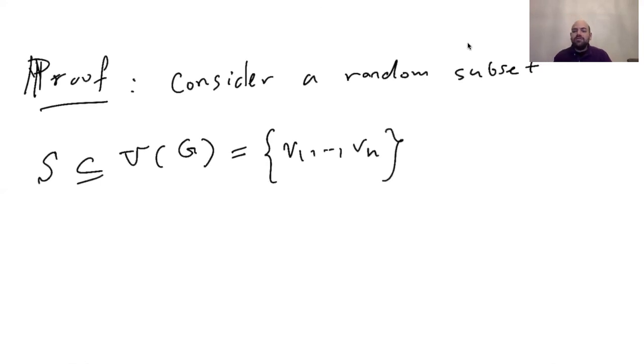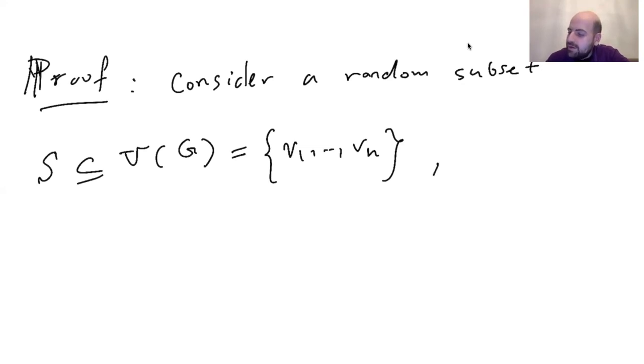Now I want to describe how this random subset S is chosen. So this is a random subset of vertices of G. I have to say basically each of these vertices, with which probability they are going to appear in S.